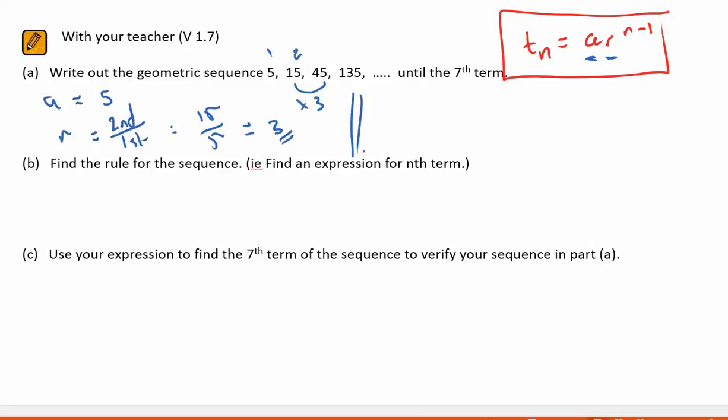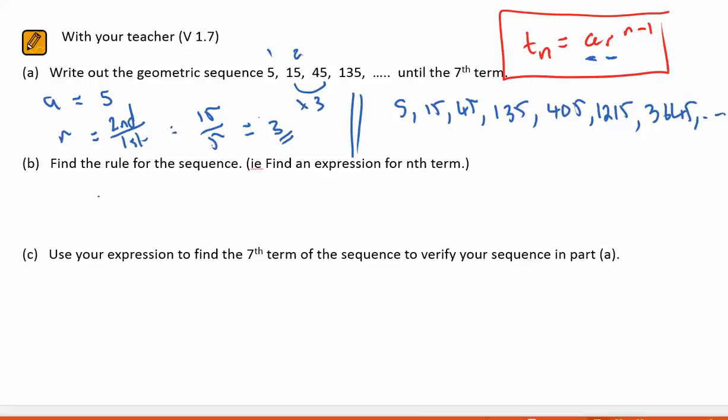To write out the sequence, it's probably easier, rather than writing the expression, just to write it up as a pattern. So 45 times 3, times 3 again, 3645, and that will continue on.